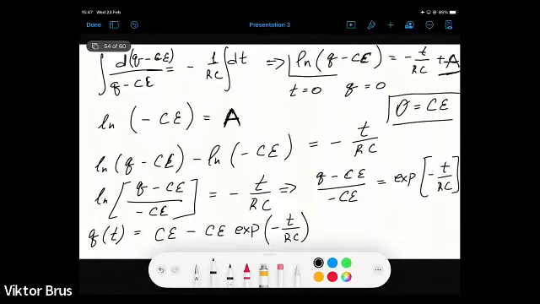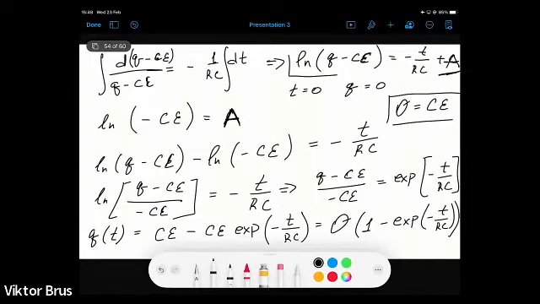So instead of c times epsilon, we can put capital Q and take it out of parentheses. So we will get capital Q times 1 minus exponent of minus t over RC.